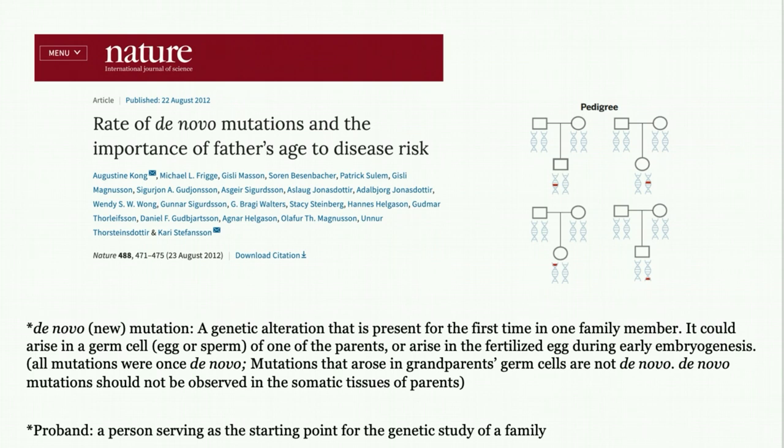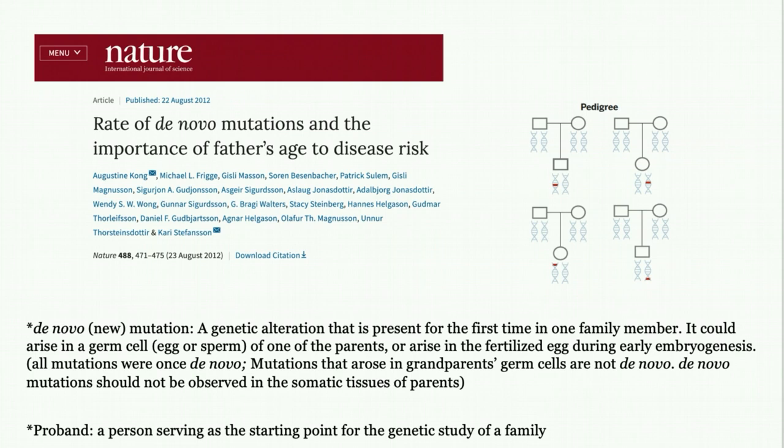In this study, they focus on de novo mutation. De novo mutation basically is just mutation that was observed for the first time in the family. That's why it's called de novo. It's just new, like de novo genome assembly, where we basically assemble a new genome. One thing to pay attention to is that de novo mutation can happen in the germline of the parent, so that's germline mutation, but it can also happen in the fertilized egg.